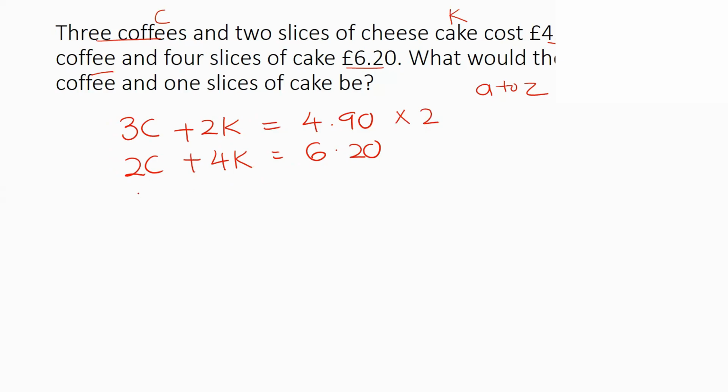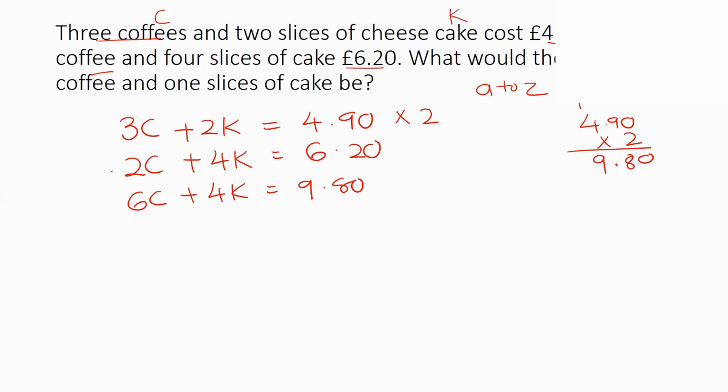it's going to be 6C plus 4K equals 980. 490 times 2 is 980. I like to do my calculations on the right side so that I can always check what mistakes I have made.